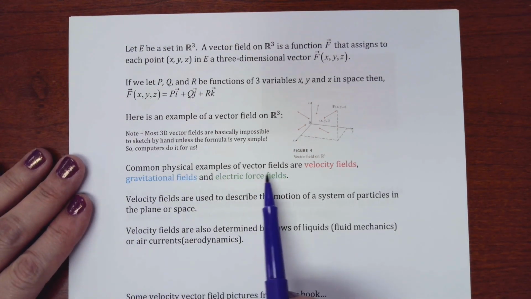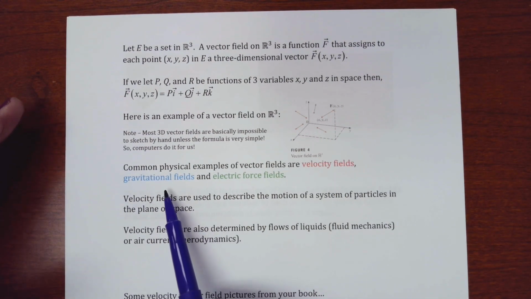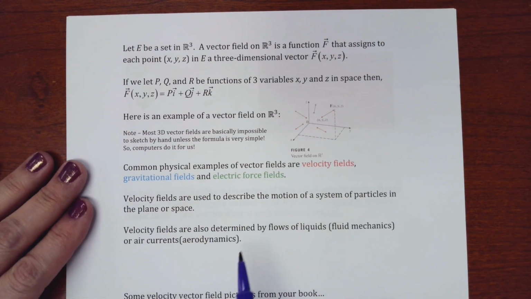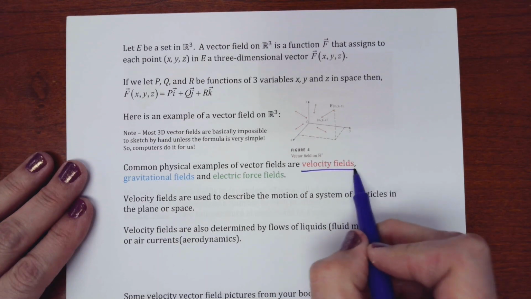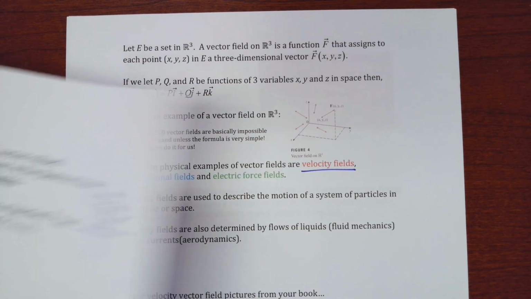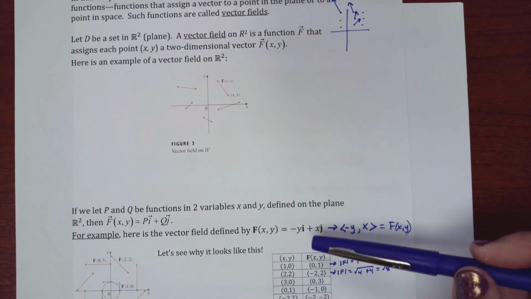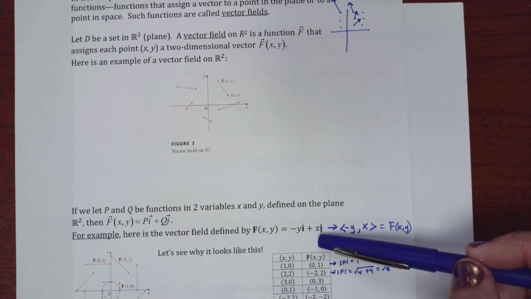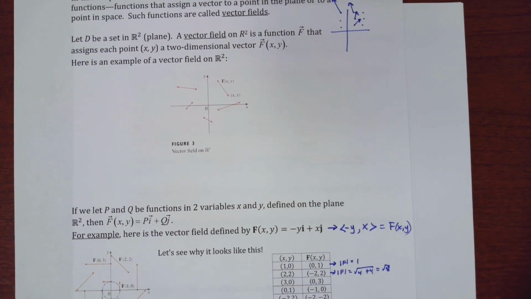Common physical examples of vector fields are velocity fields, gravitational fields, and electric force fields. Velocity fields, we're going to use that one in a second. Basically, given a vector field, if you take the derivative of each part with respect to x and y, as you'll see in a minute, then you get the velocity vector.